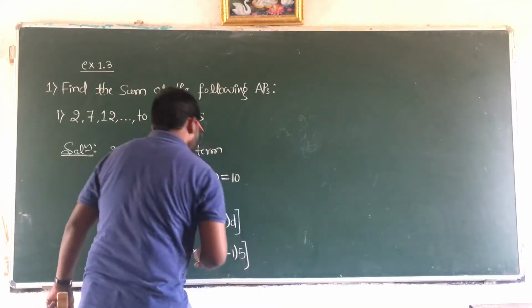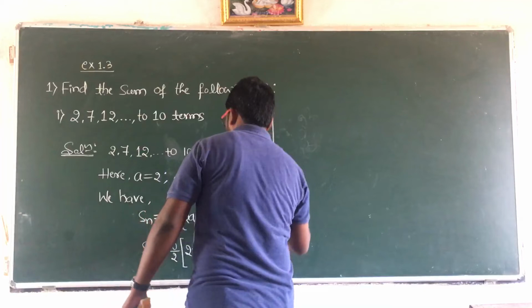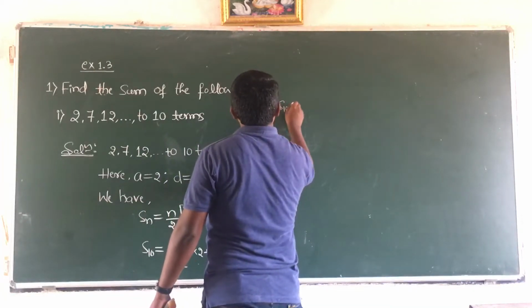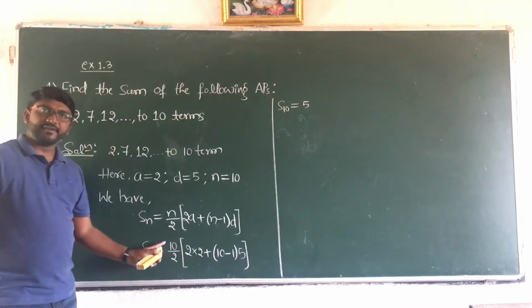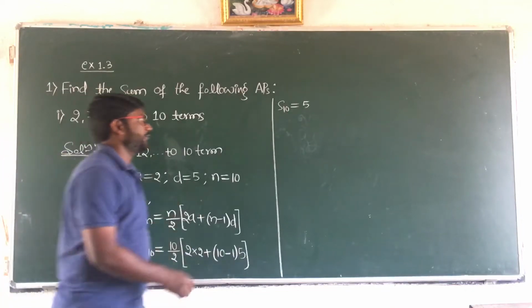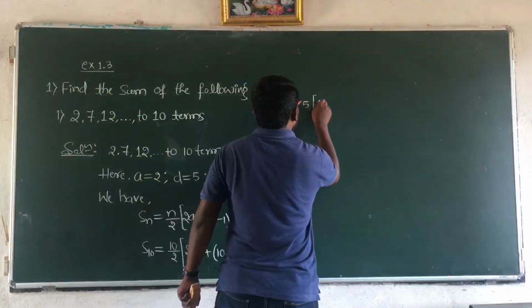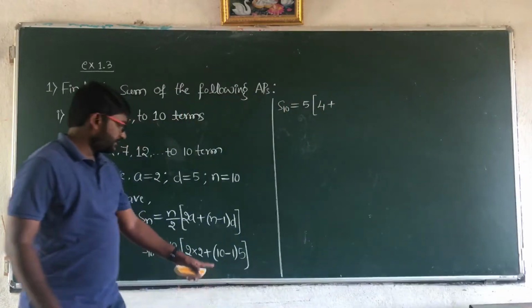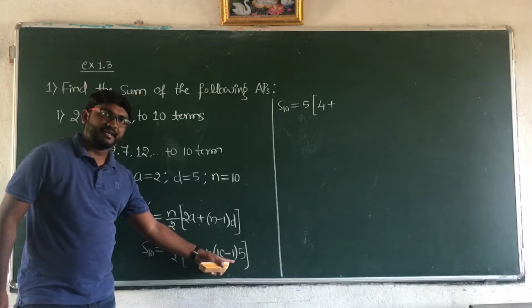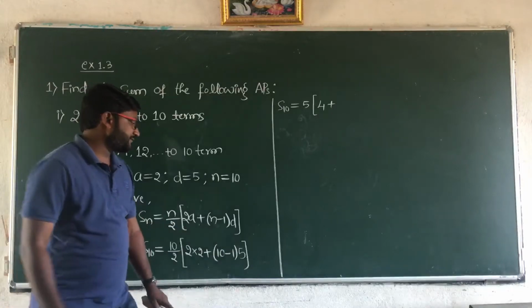So let us simplify this. S_10 is equal to 10 by 2, which is 5. Then in the bracket, 2 into 2 is 4, plus 10 minus 1 is 9, and 9 into 5 is 45.